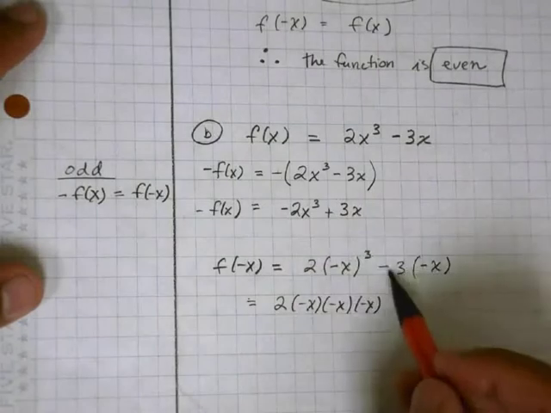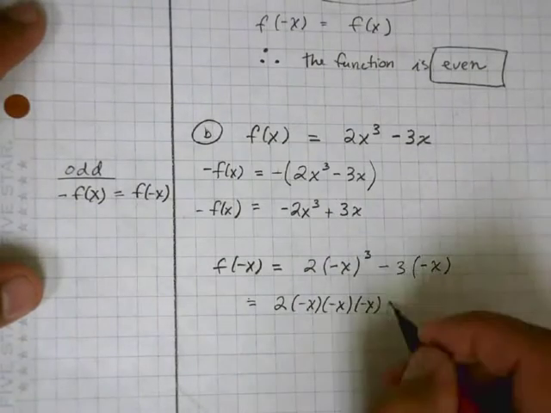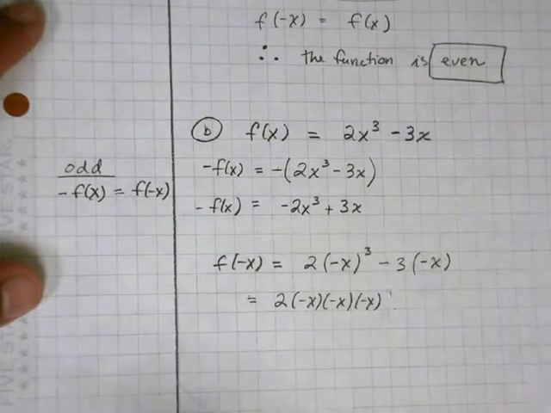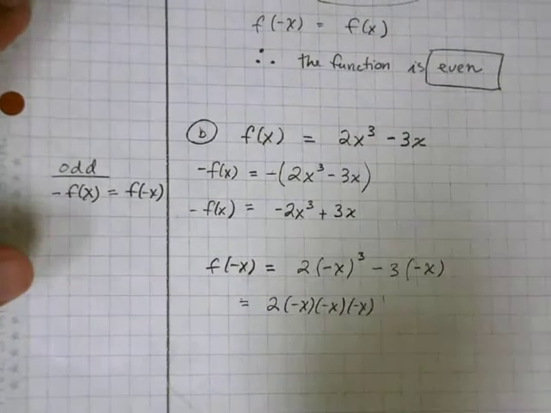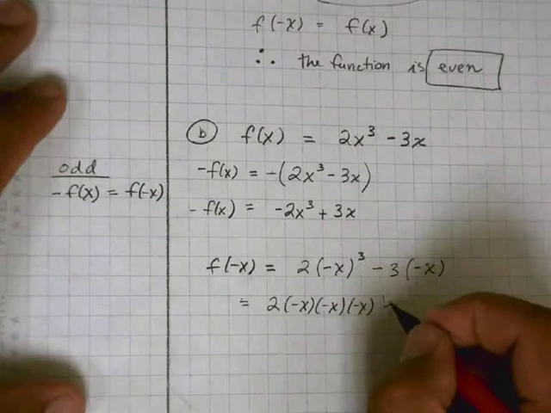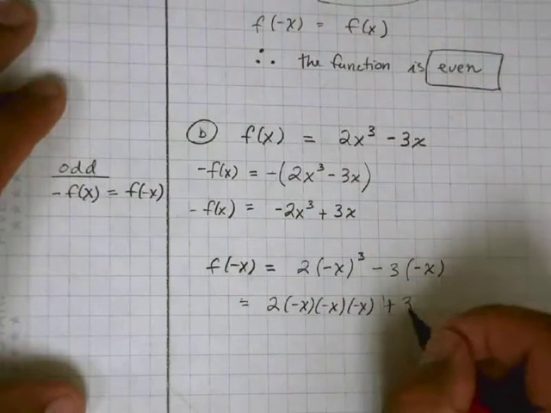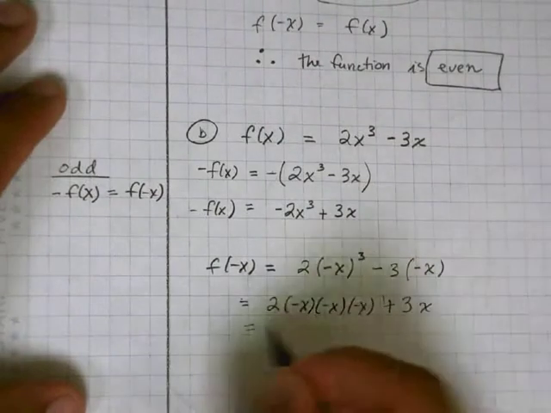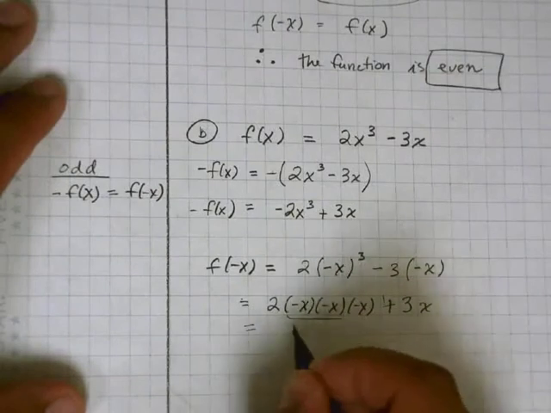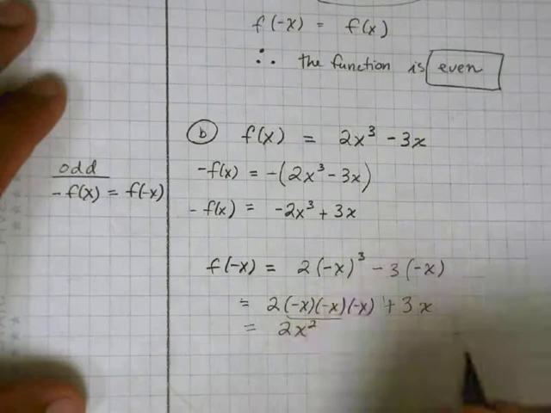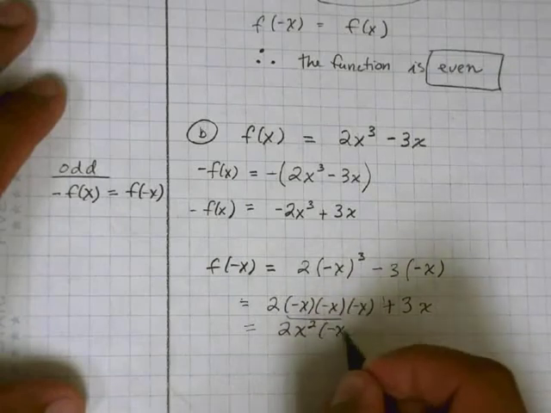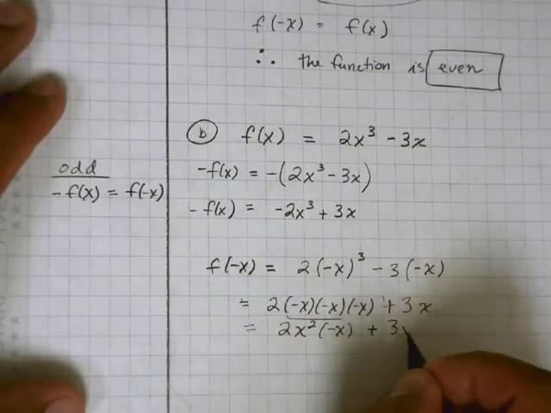I have a minus 3 here times a negative x, so that's going to become positive 3x. These first two x's are going to give me 2x squared. The two negatives give me a positive times negative x plus 3x.